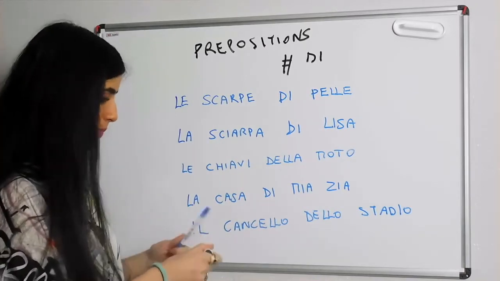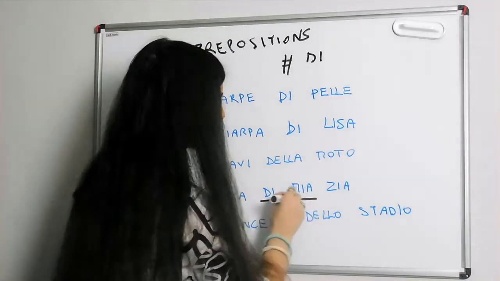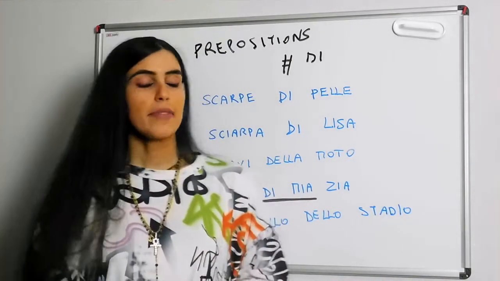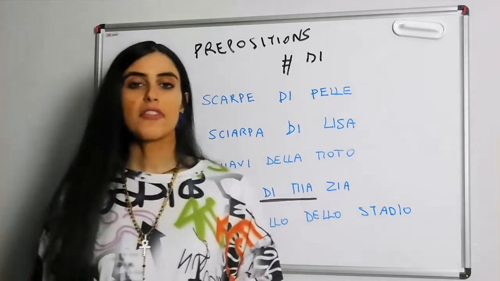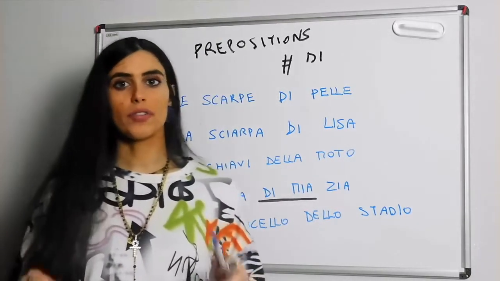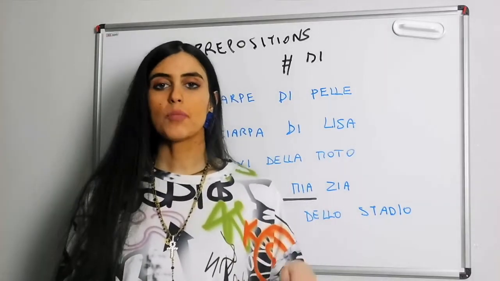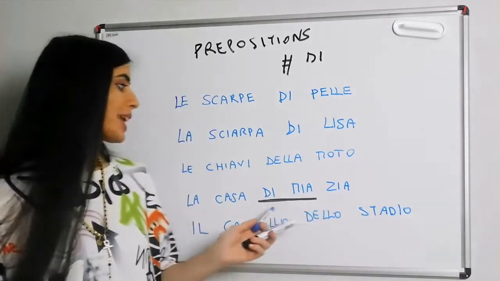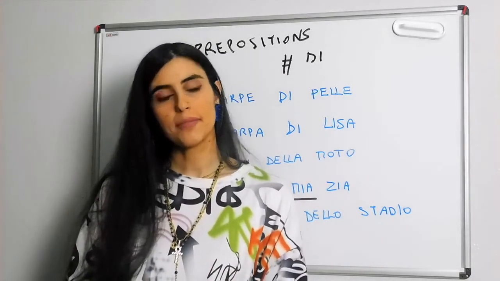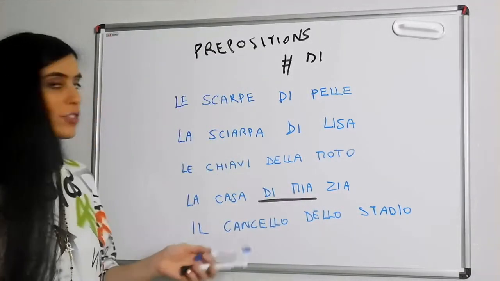Guys, make sure we do understand this, right? So, di mia zia, because zia is a family member noun, singular, does not require article. That is the only reason. Otherwise, we would have had something like della zia di Rossi. And then il for instance.